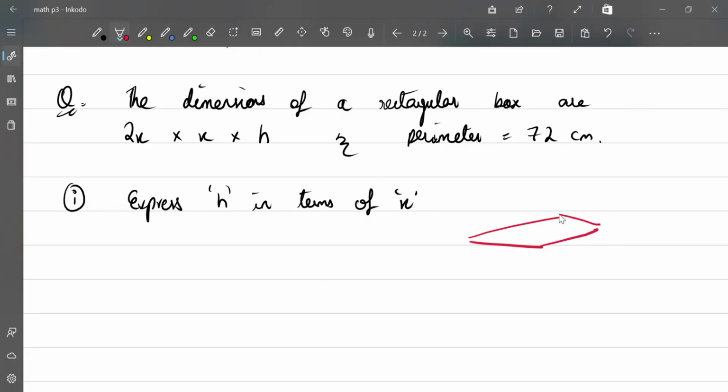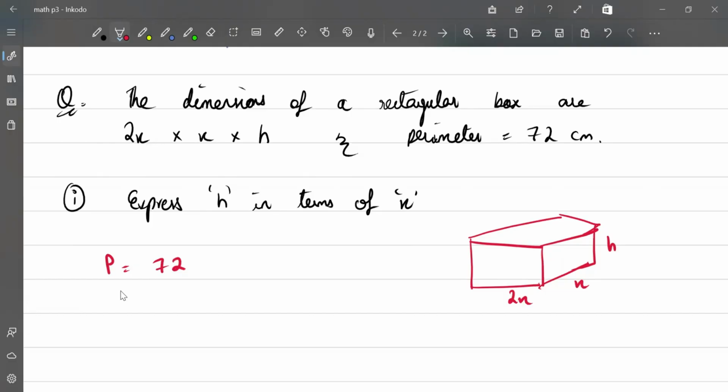So this is a rectangular box, and 2x, x, and h are the dimensions of this box. We are told to express h in terms of x. The perimeter is given to us, which is 72 centimeters.